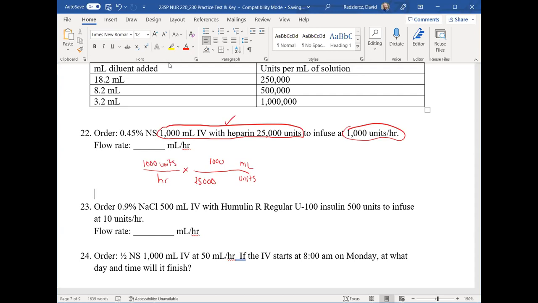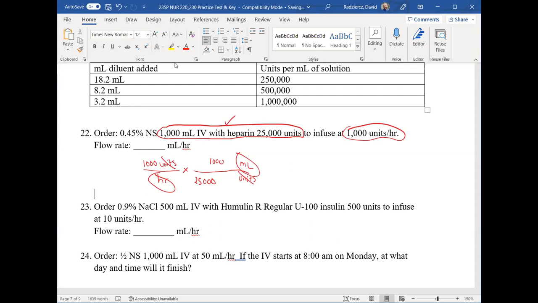Again, the benefit of doing dimensional analysis is that it helps make sure you have a plan and that you're able to eliminate units and be left with what you're looking for. We're looking for milliliters per hour.